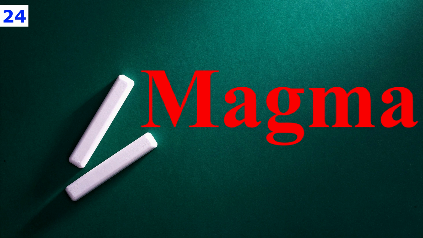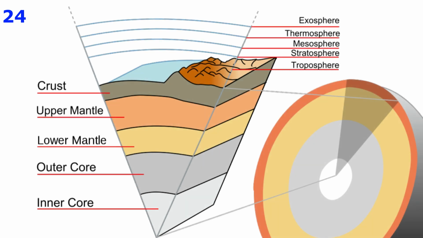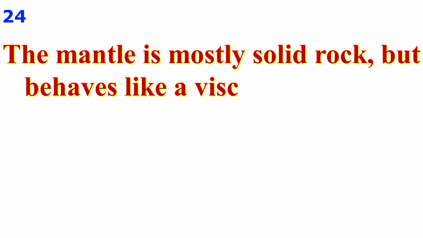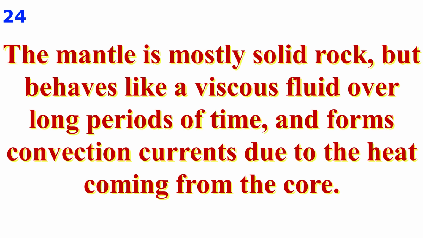Magma. Magma in the Earth's mantle which moves. You must have this type of question. How convection current works in this case? Friend, the hot core hits the mantle above it, causing it to rise towards the crust where it cools.